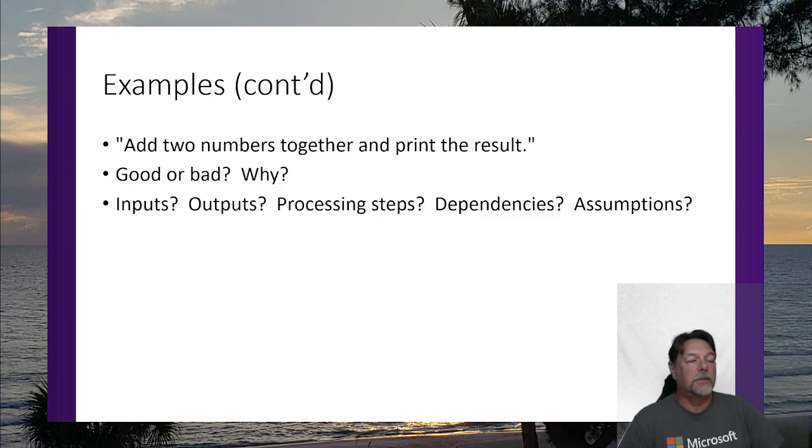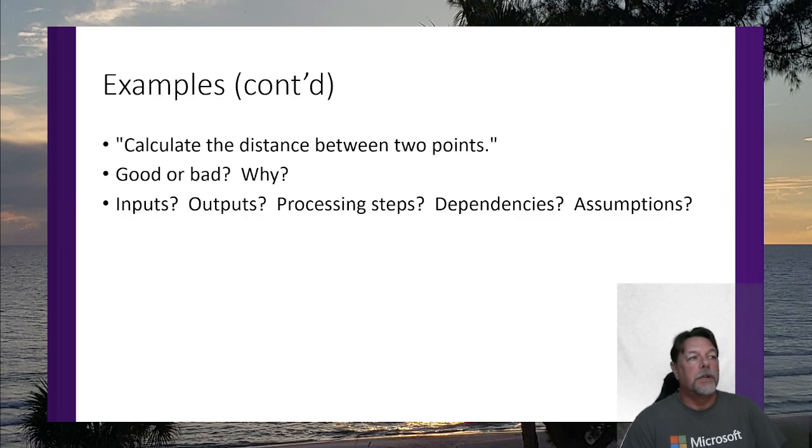Are there any dependencies, other assumptions that we're making? Yeah, it's not bad. It's typical of the kind of problem that you will get as an assignment, and will be expected to infer all of the other pieces of information, but it sure could have been a lot more detailed, couldn't it?